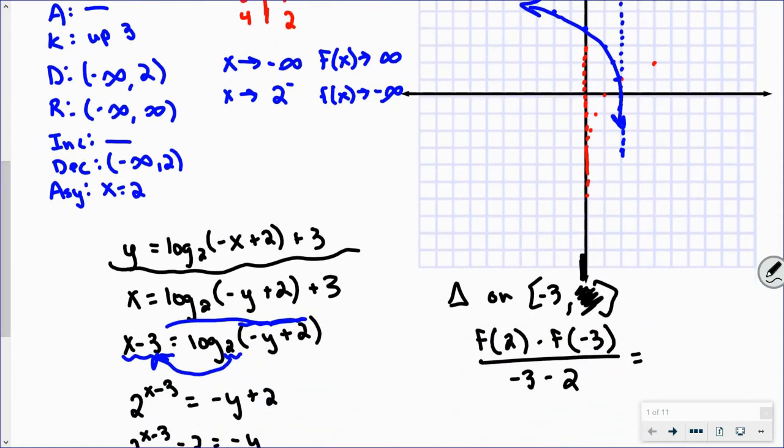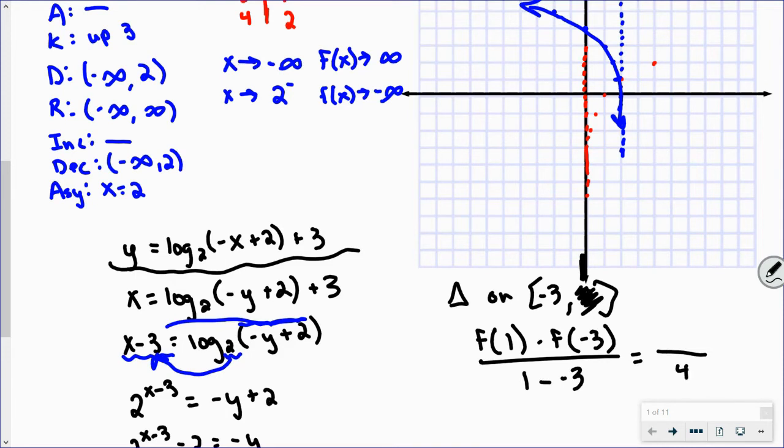So if I change that to a 1, that's log base 2 of negative 1, negative 1, or 1. Oh, I did this backwards. 1 minus negative 3. So that's a 4.